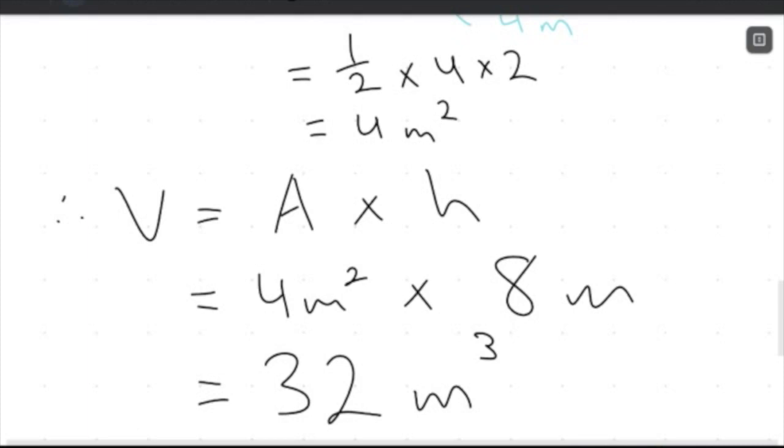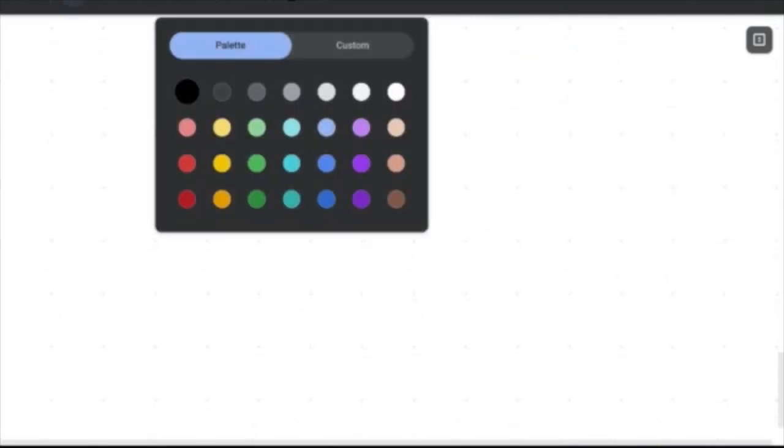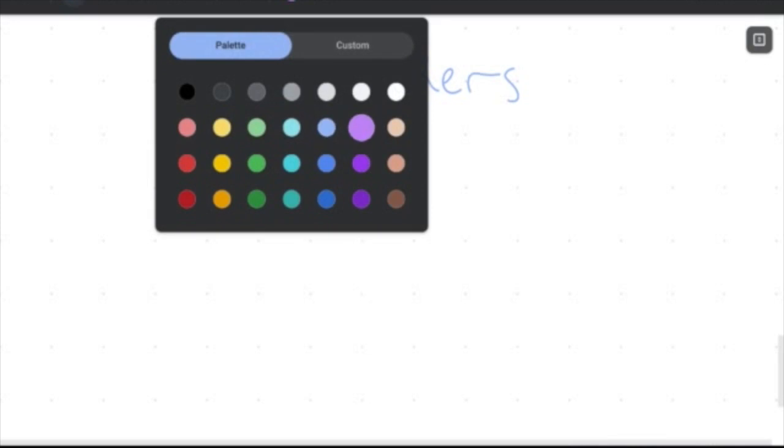This, for most of you, should be revision, but let's just quickly take a look at cylinders. Now, cylinders look kind of similar to prisms. But you may notice they have curved edges.